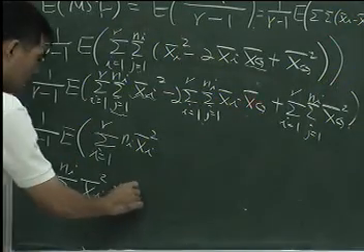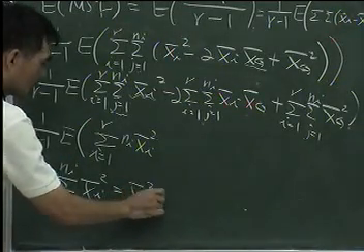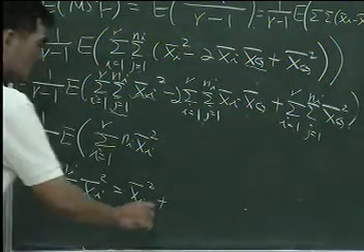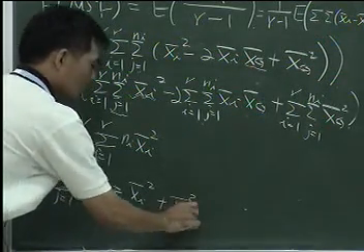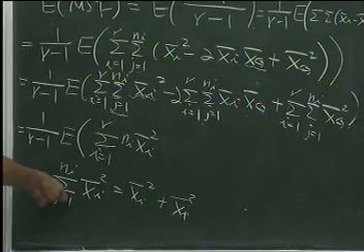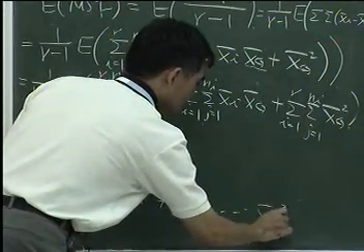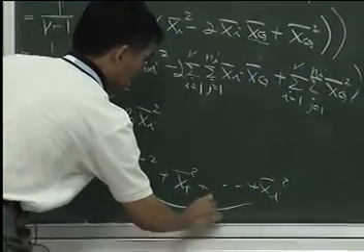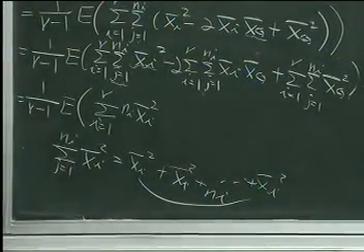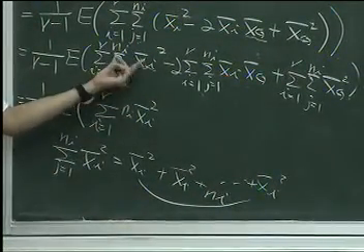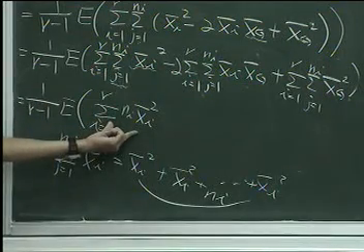Because first one, x bar I squared, the second one, also x bar I squared, right? How many times you have? Ni times, right? So this one should be equal to this one.